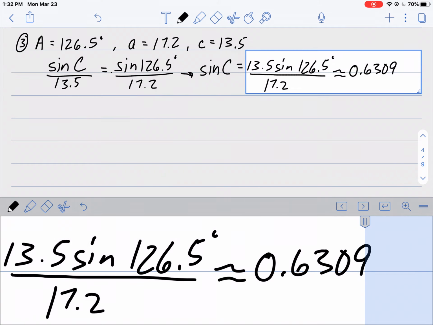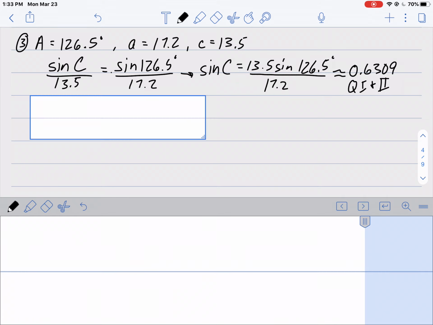But notice again, that's the sine of angle C. It's a positive value. So there are two angles with that sine value, right? There is a quadrant 1 and quadrant 2 angle because the sine value is positive. Okay, so we have to take that into consideration. Now again, we already know that there's only going to be one possible solution here because of that obtuse angle, but I'll show you how I know from the numbers.